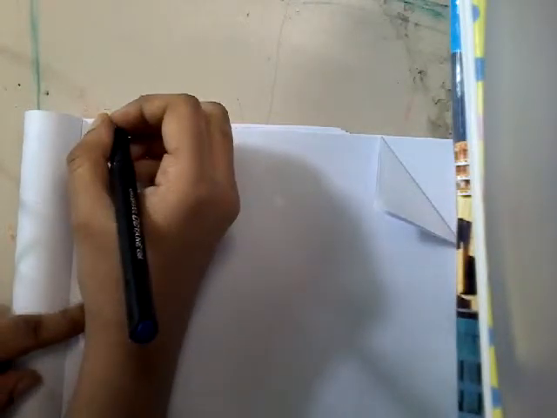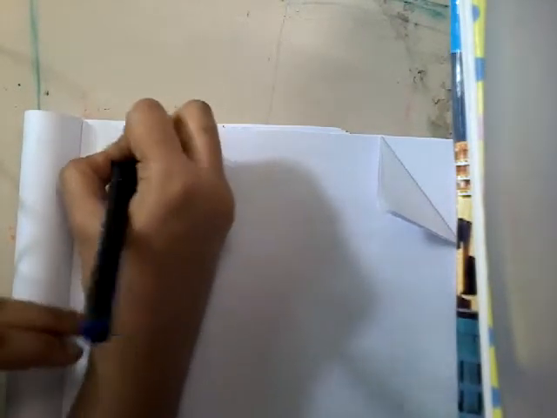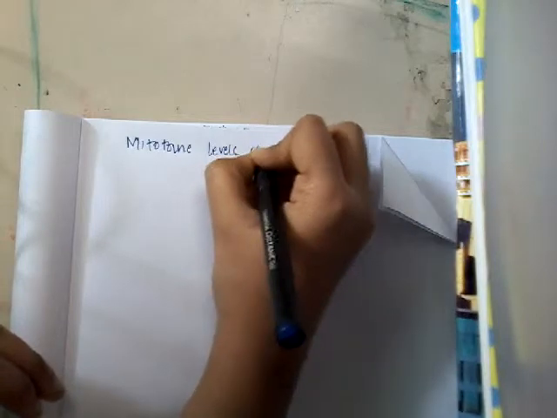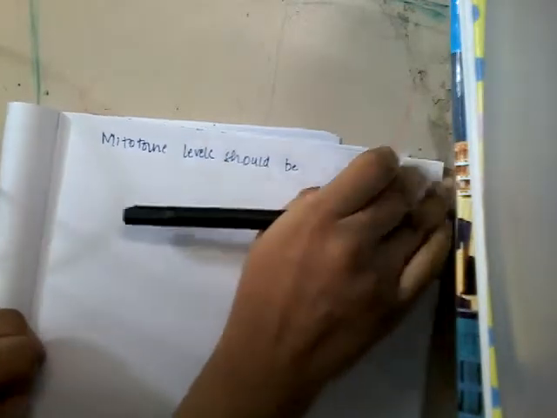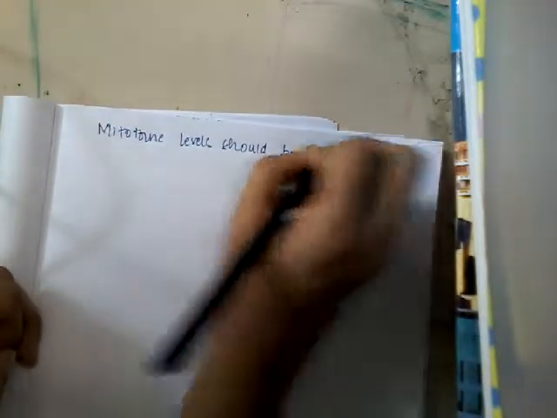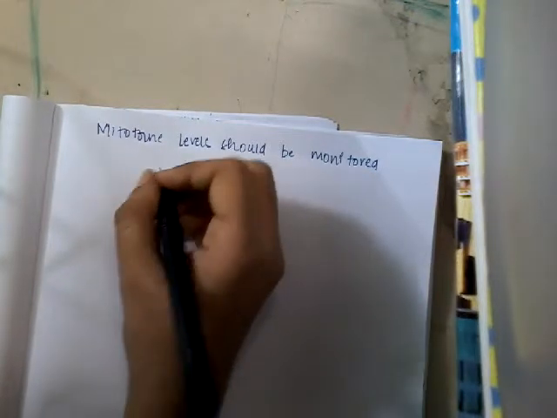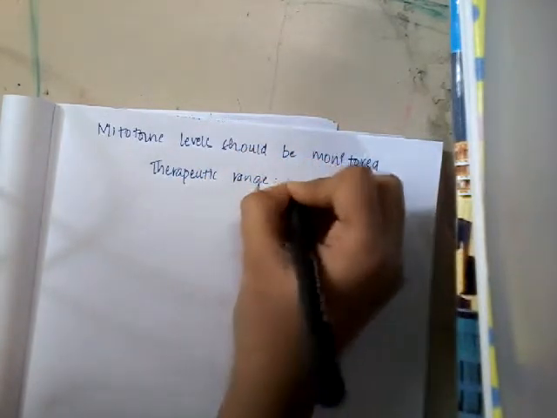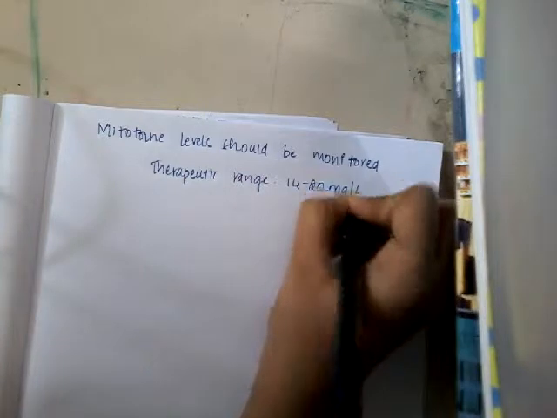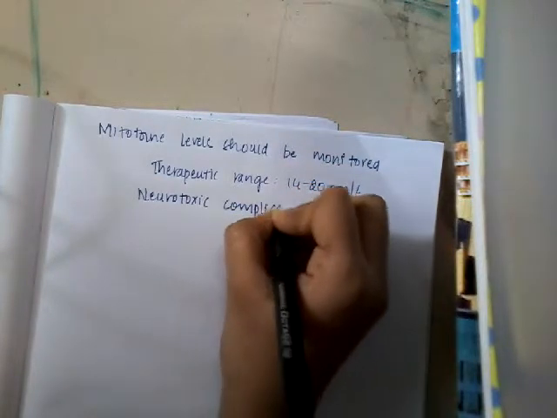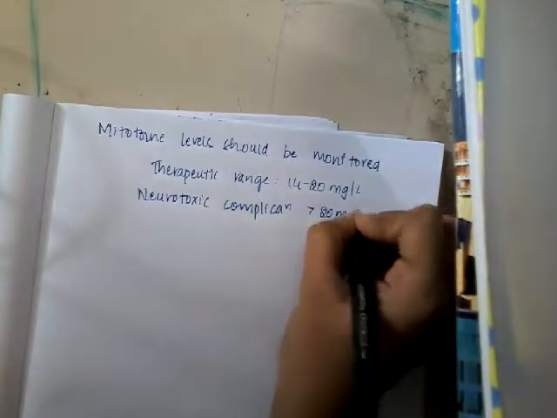Mitotane levels should be monitored. The therapeutic range of mitotane is 14 to 20 milligram per liter, and neurotoxic complications occur if it is more than 20 milligram per liter.